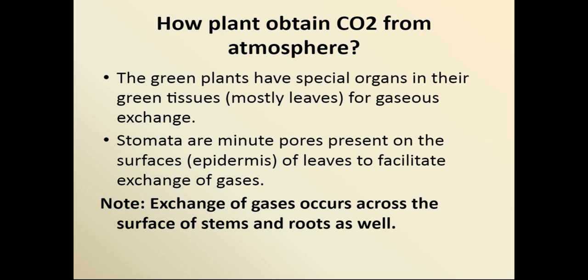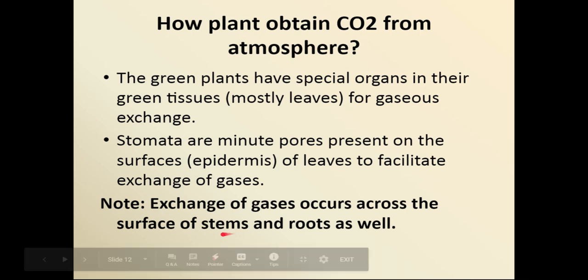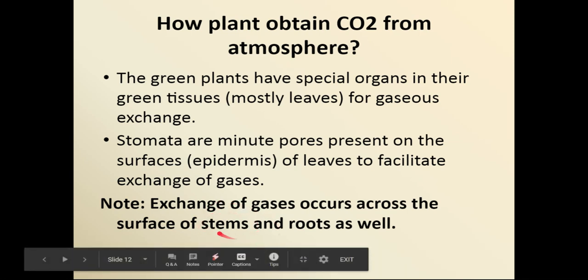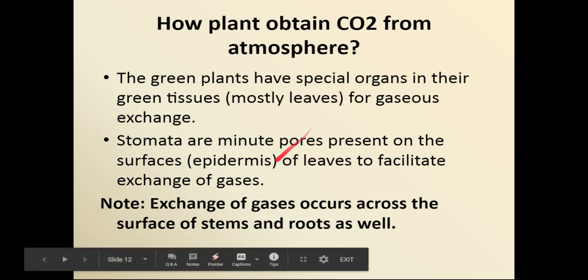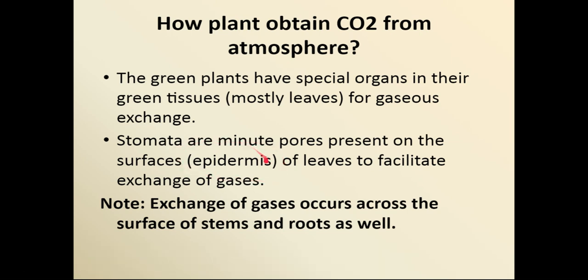So you have to understand this fact that gas exchange also occurs through the stems as well as roots along with the leaves. So gas exchange occurs through all three structures of the plant, that is leaves, stems and roots. However, stomata are present on the surface of the leaves, on the epidermis only.